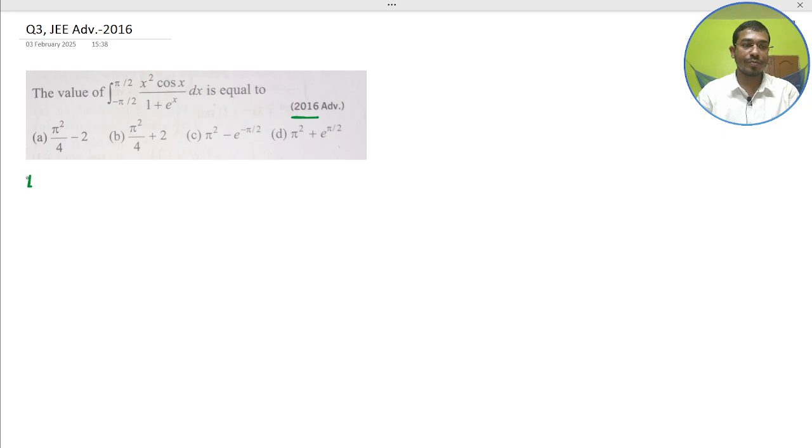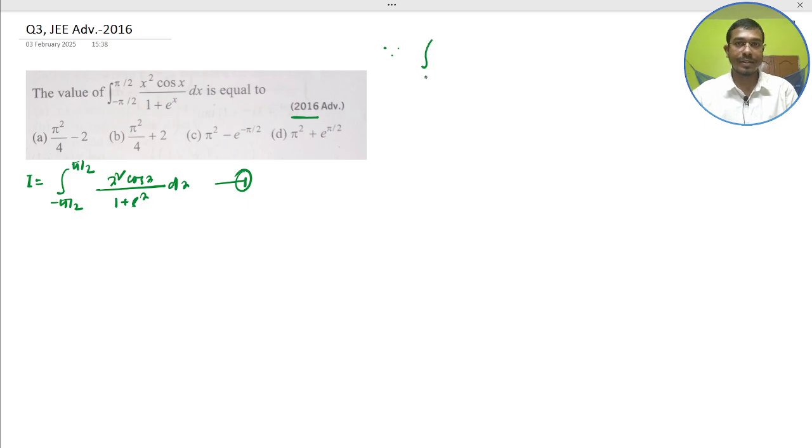So let us assume the integration from minus pi by 2 to pi by 2 of x square cos x divided by 1 plus e to the power x dx. This is equation number 1. So here we apply the relation that the integration a to b of fx dx, the properties we already discussed.